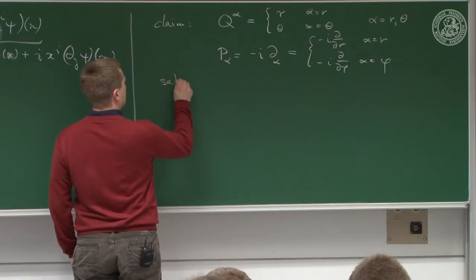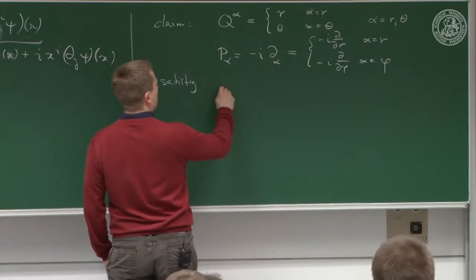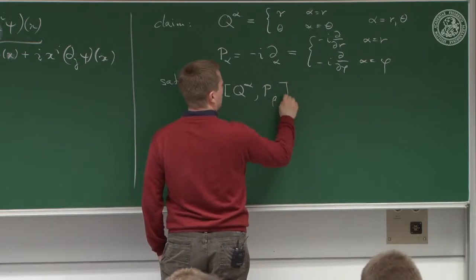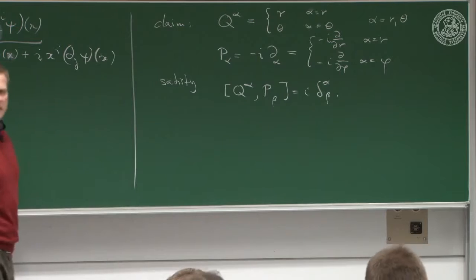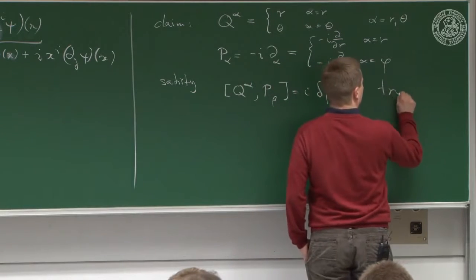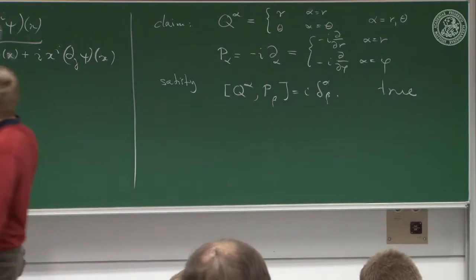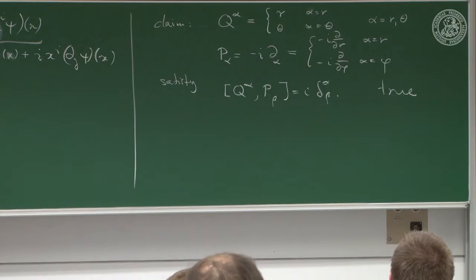I claim that these satisfy the commutation relations: Q alpha P beta is i delta alpha beta. And you can calculate this and it's correct. Of course it's true, because the only thing I'm using here is that if I derive one coordinate with respect to itself, I get a 1. If I derive it with respect to another one, I get 0.